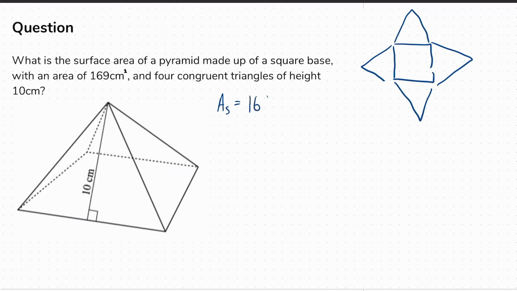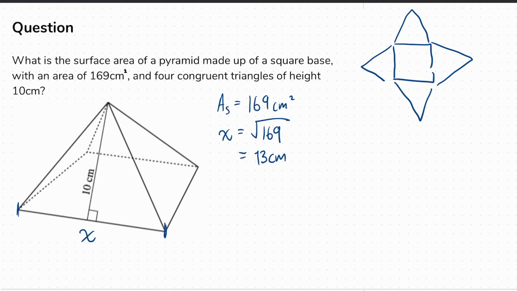It's 169 centimeters squared. Well, not only is that quite helpful for us, but it tells us something about the distance, right? The length of the base. The area is 169, then x is going to be the square root of 169, because x squared is my area, which is equal to 13 centimeters.